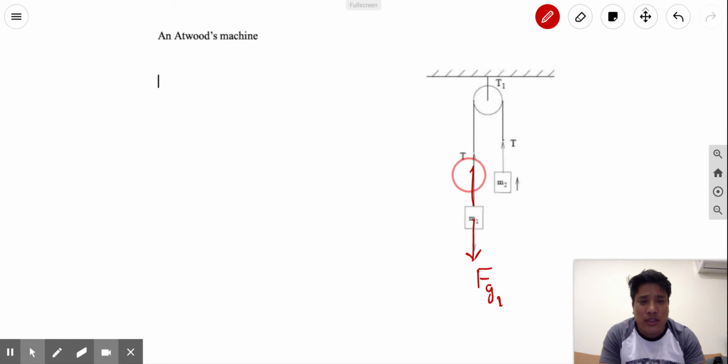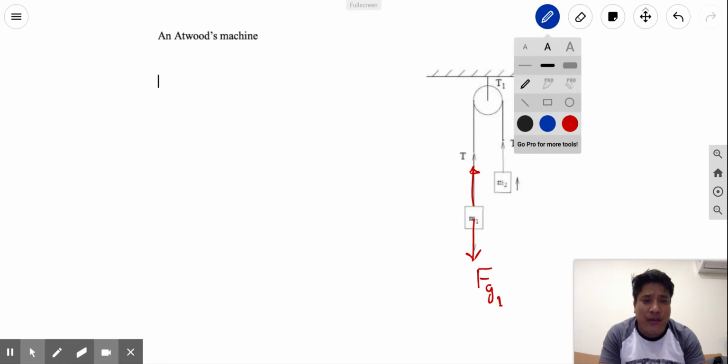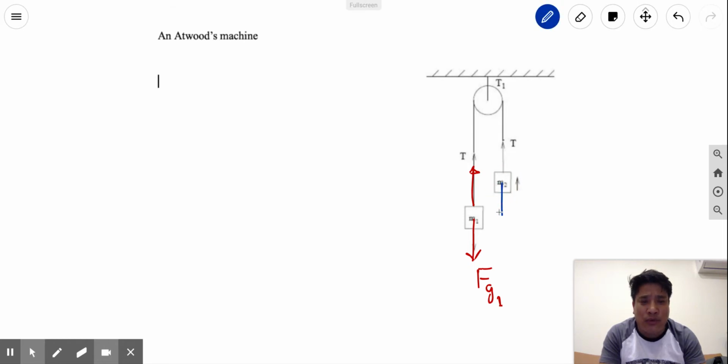Similarly, for the second mass m2, the force of gravity is acting downward, and to indicate this is for the second mass, I will put 2. And the tension force along the string is acting upward.